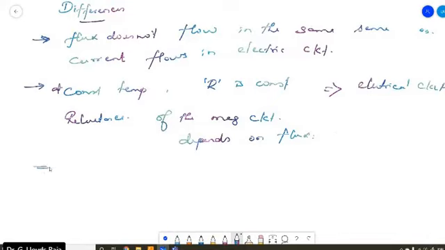Another difference that you must notice is that the flow of current in the electrical circuit involves continuous spending of energy. But in the case of the magnetic circuit, the energy is required only when creating the flux. The energy is required only when you are creating the flux initially, and not for maintaining it.